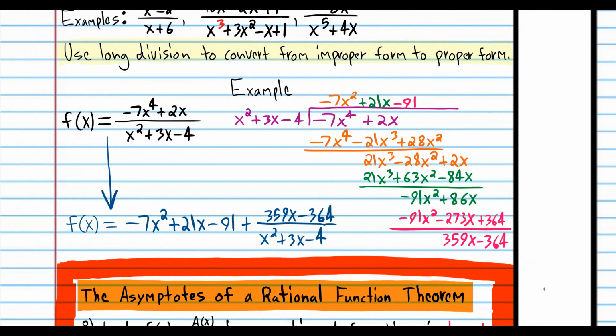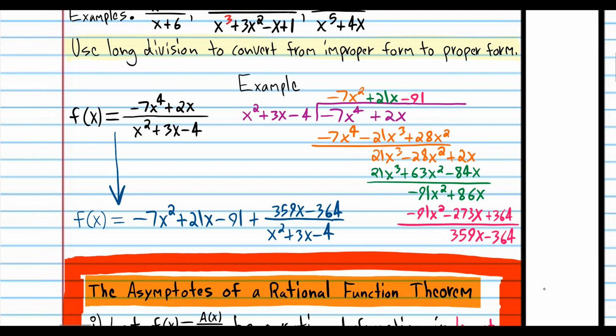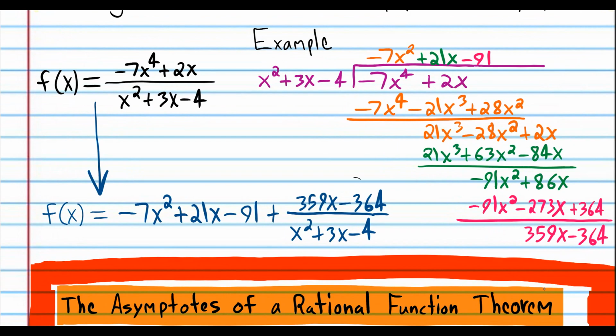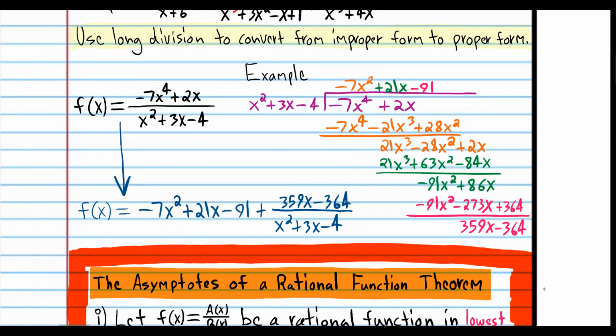But it's not really that great of a description of what we're really doing, because we're taking a fraction and we're converting it to this form, whatever you want to call it. But as x gets really big, this expression approaches 0, which means that as x gets really big, this expression really becomes irrelevant, because the graph starts to look like this expression, which means, again, this represents an asymptote that is curved.